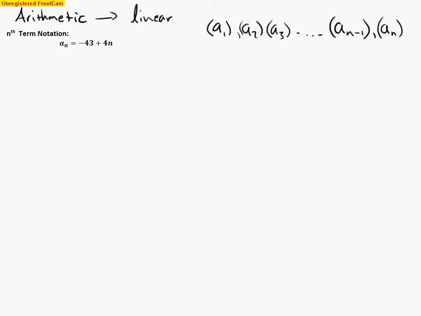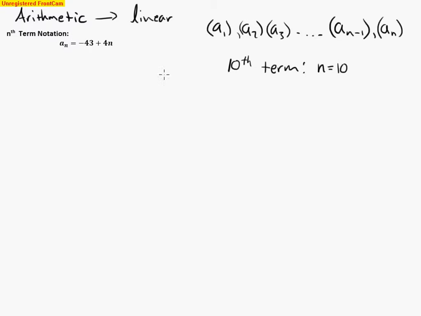Nth term notation is really powerful if I just want to find any term I want. If I have no idea what any of the terms are and I just want to find out, let's say, the 10th term, what's really easy is the 10th term corresponds with when n equals 10.